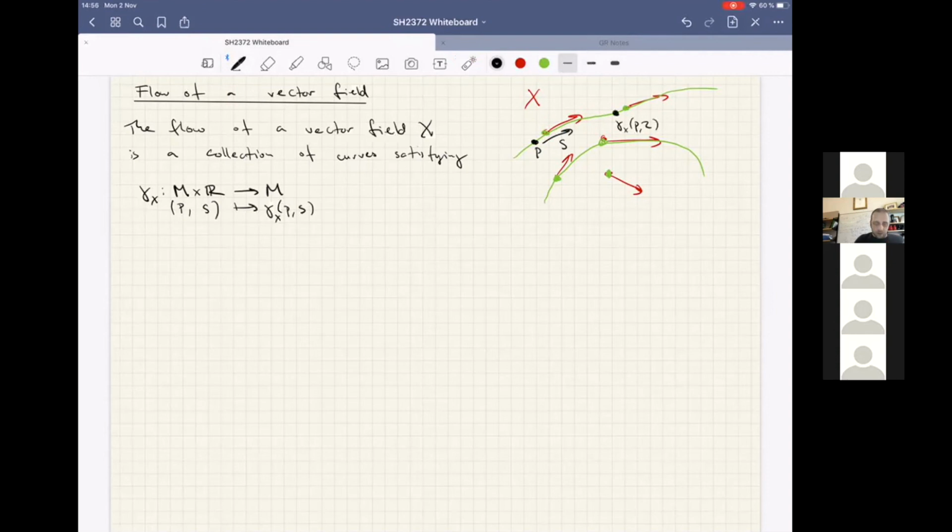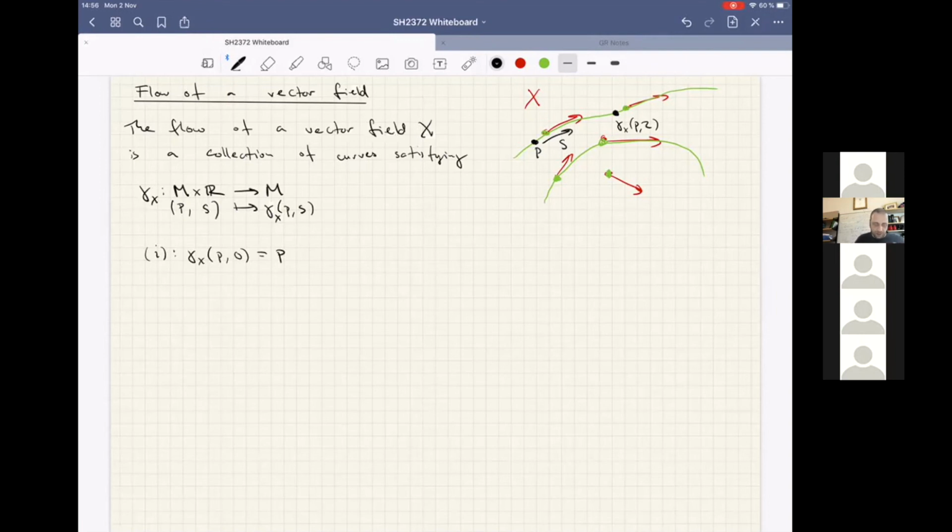So the additional requirement is that I want gamma X of p and 0 to be equal to p. If I follow the flow for a curve parameter of 0, I should be at the same point where I started.